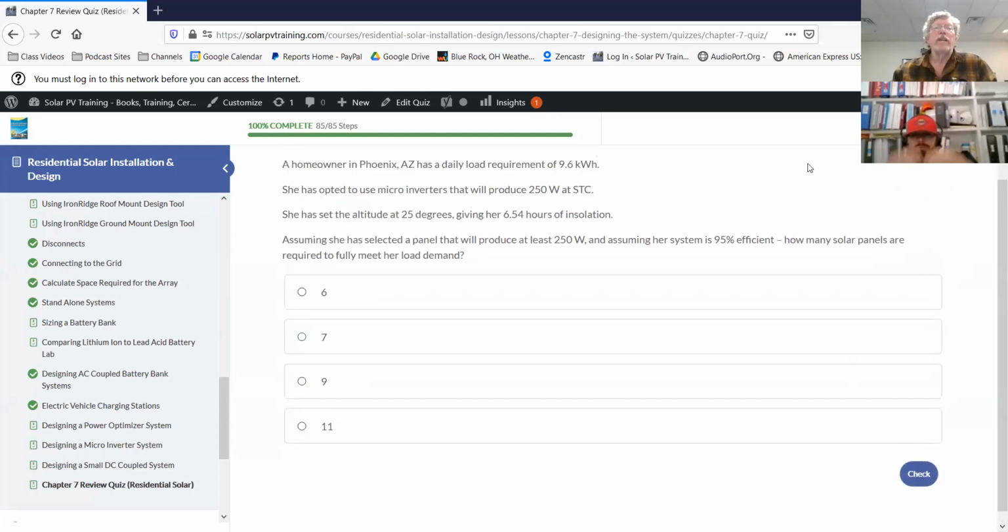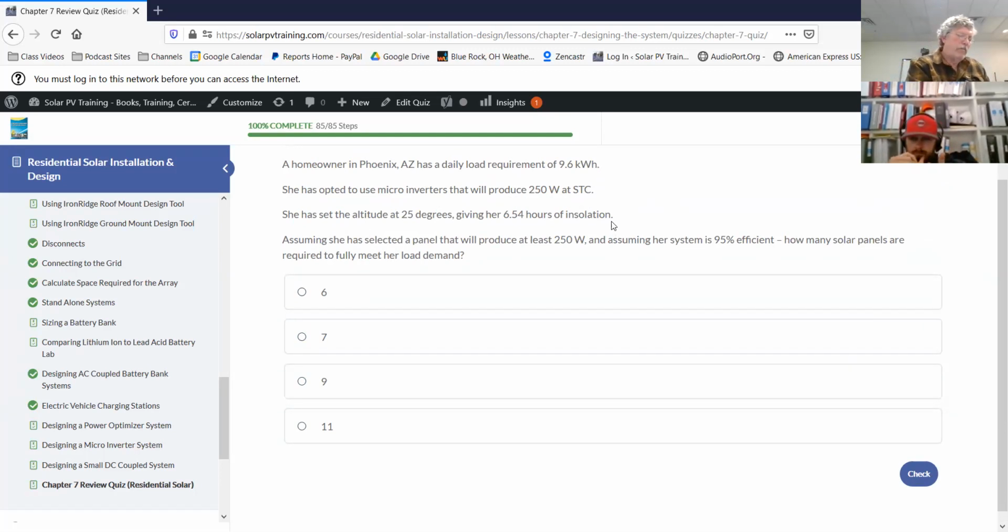Okay, a homeowner in Phoenix, Arizona has a daily load requirement of 9.6 kilowatt hours per day. She's opted to use microinverters that produce 250 watts. She set it at an altitude of 25 degrees, giving her 6.54 hours of insolation. I'm going to write these numbers down so I don't forget.